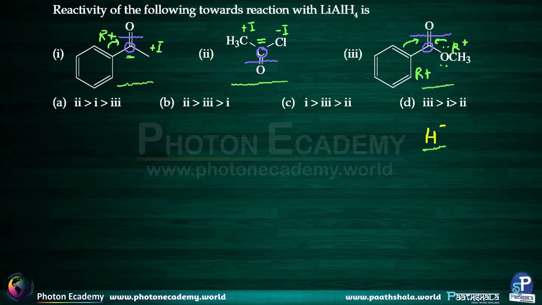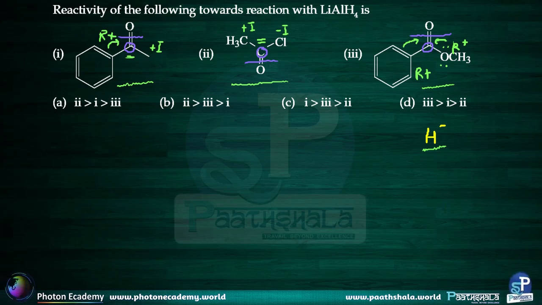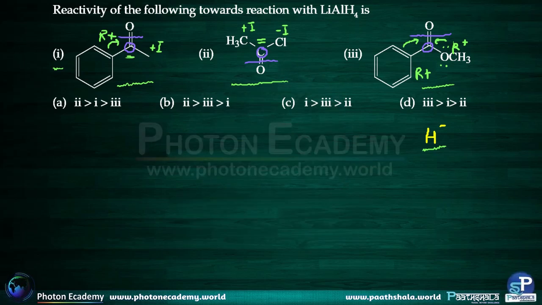So here when we compare the positive nature of the carbonyl carbon, in the first organic compound it will have more of a positive nature, as the I plus effect is going to donate fewer electrons compared to R plus resonance. And here in the third organic compound, both are R plus resonances, so there is going to be a heavy donation of electrons towards the carbonyl carbon.